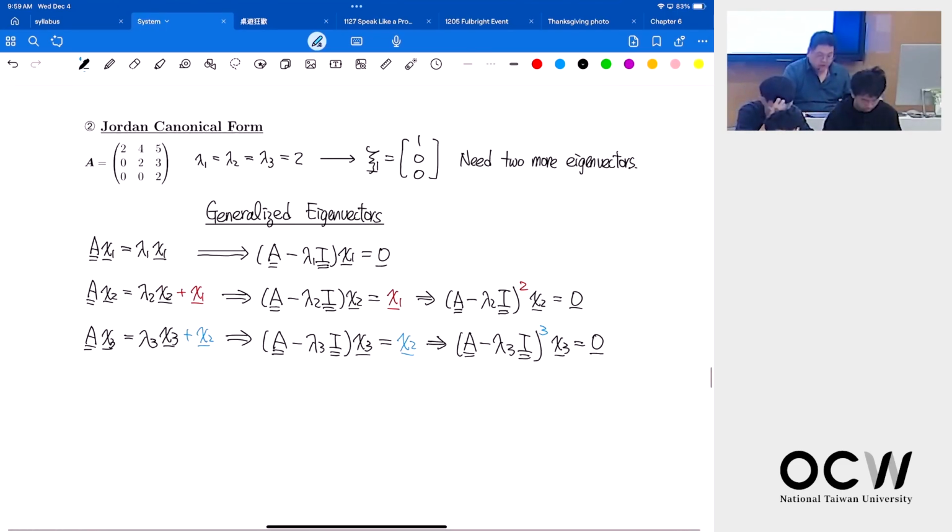Okay, so now I generated two more eigenvectors, x2 and x3.